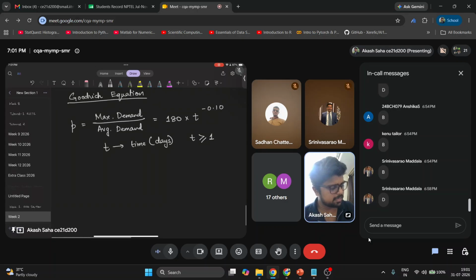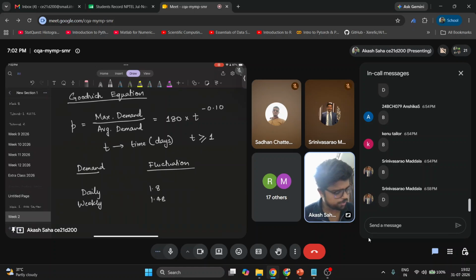So if you make a graph like demand versus fluctuation, or make a table, for daily, that is t equal to 1, we will get the answer as 1.8. The value of p will be 1.8. For weekly, t equal to 7, it will be 1.48. For monthly, it will be 1.28.